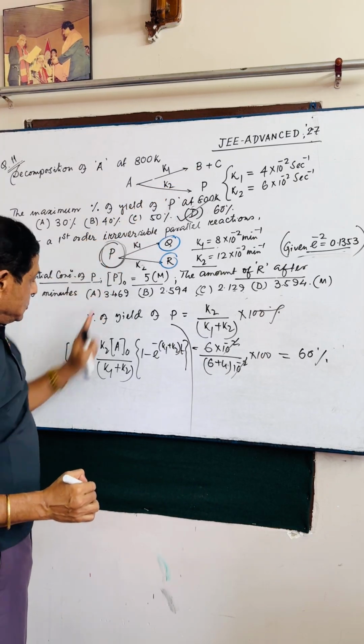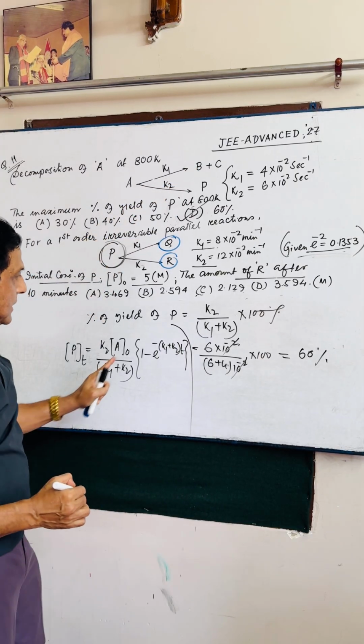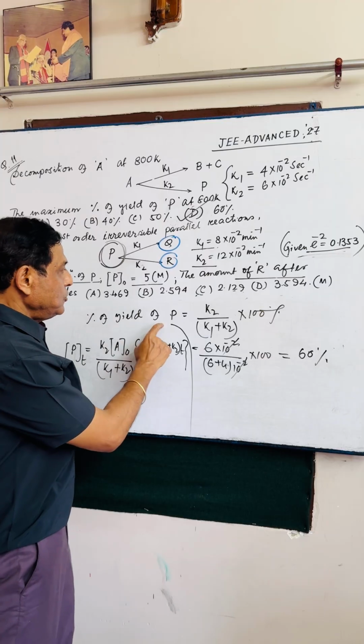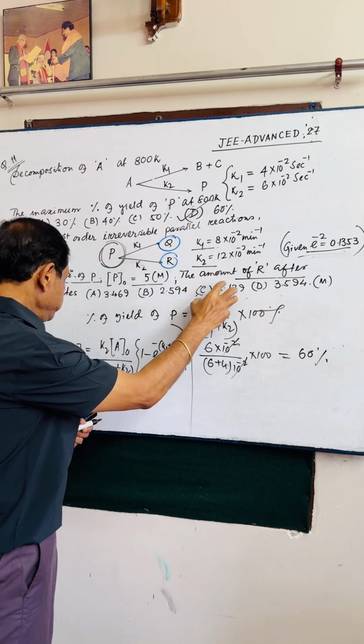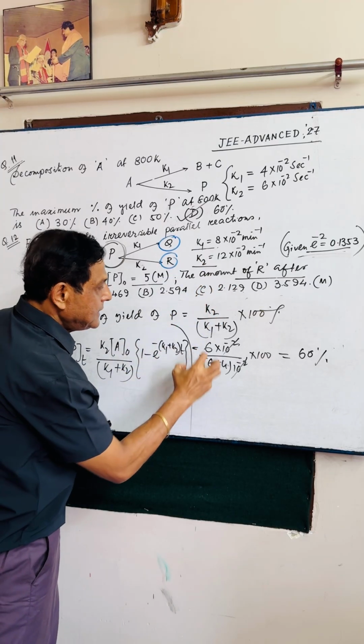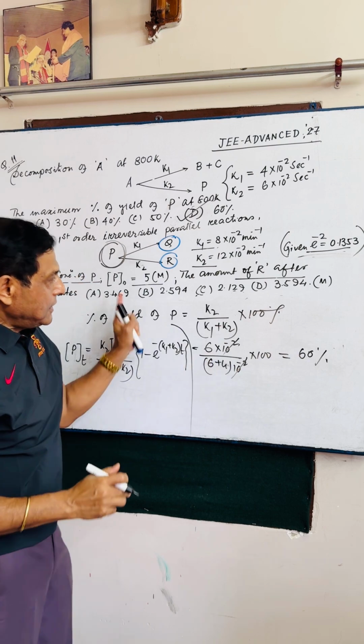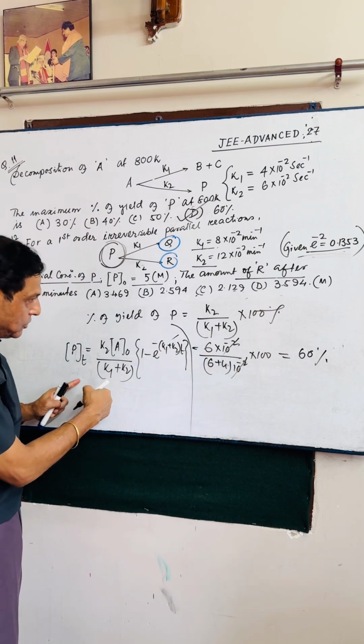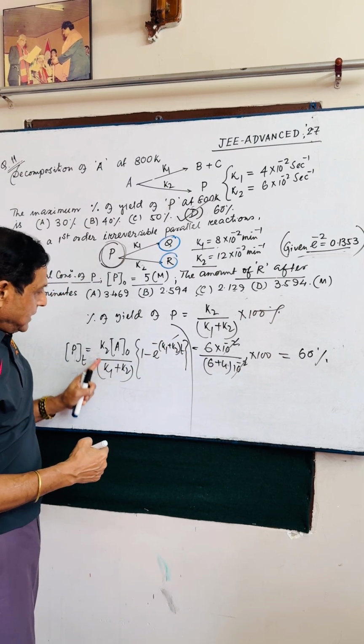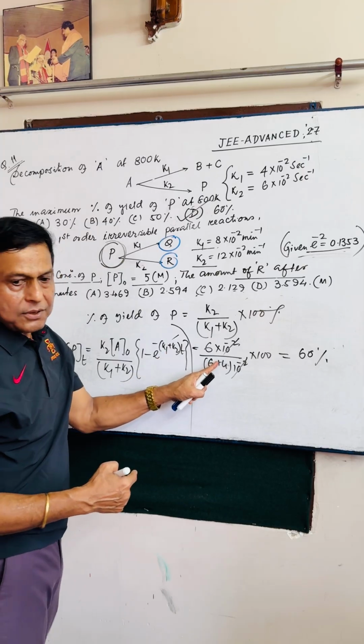Similarly, B and C can also be calculated. If we put all this, the percentage will be concentration of Pt by concentration of Bt plus Ct plus Pt. Then this portion will be struck out, and only K2 by K1 plus K2 will remain. That way we have solved it.